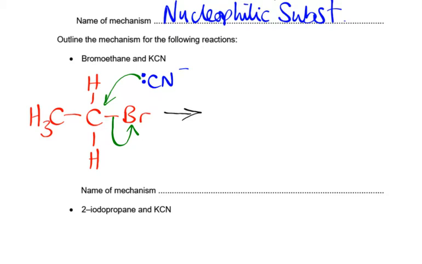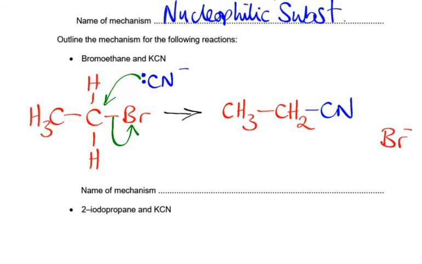Our products this time, so there's our organic product along with the bromide ion. See if you can work out what the organic product is going to be called. So it has 3 carbons including the nitrile group. Well done if you got propane nitrile.